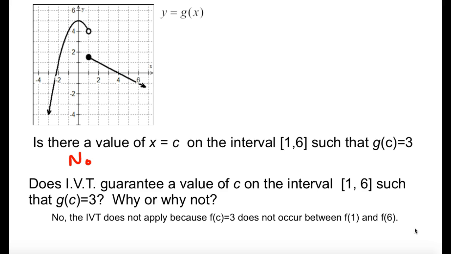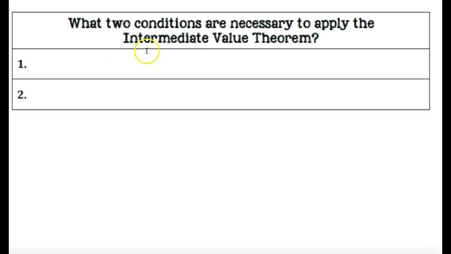Okay? So down here, this is key. Okay, the two conditions that are necessary for the intermediate value theorem. Right? If a question about the intermediate value theorem comes up on the AP test, you do have to cite these criteria.